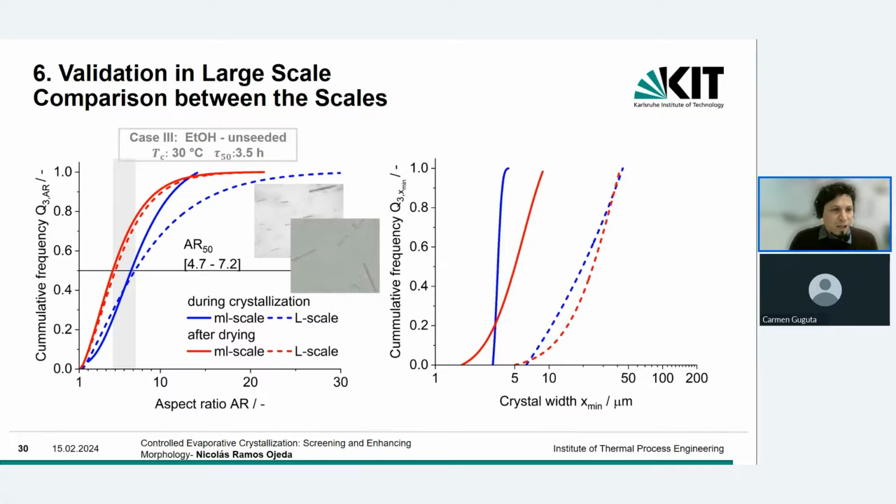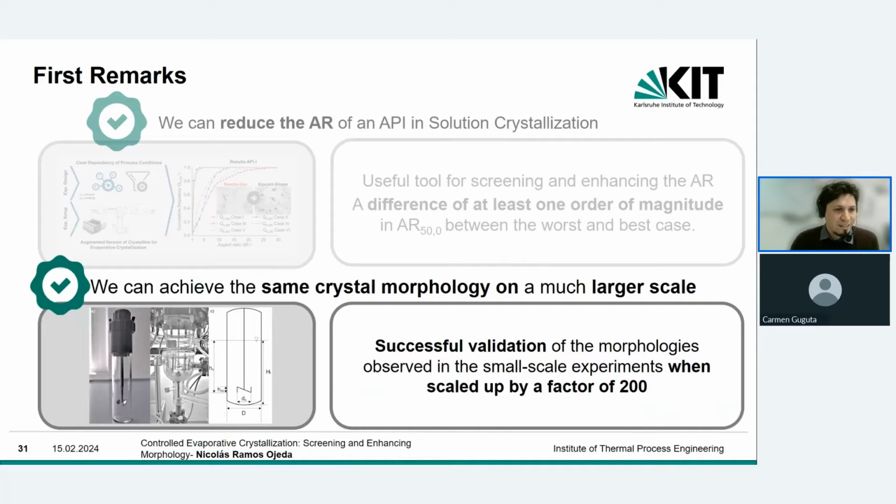So I think I will wrap up the presentation for the sake of time. For the second section, we can also say that we achieved the same crystal morphology on much larger scales.